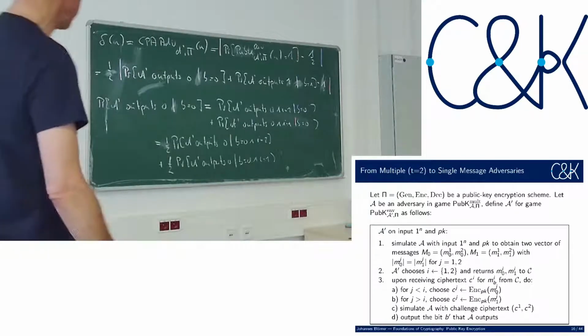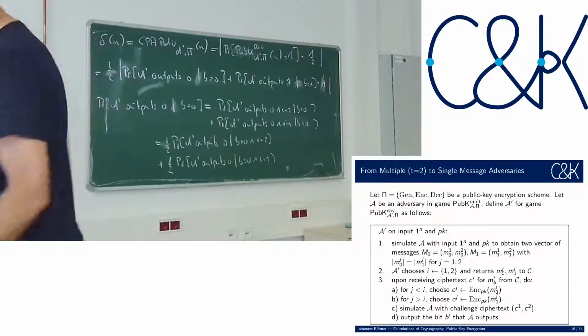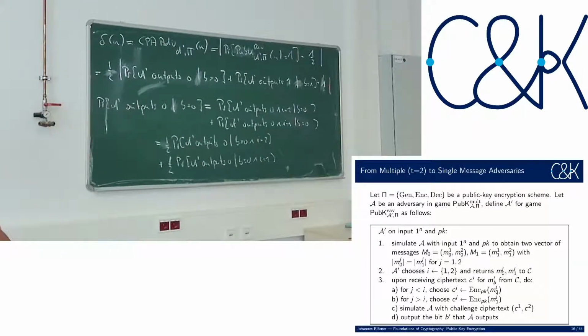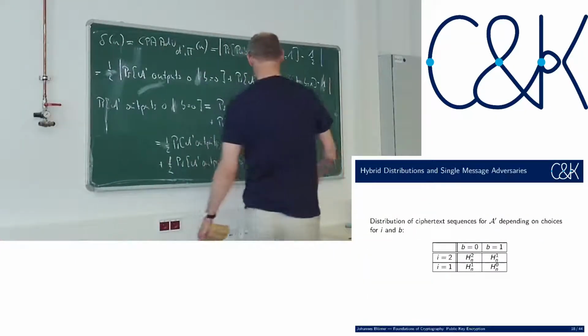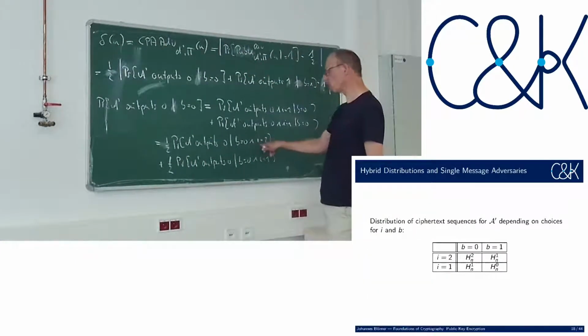Now let's rewrite this in terms of our distributions. Now I condition on B being 0, I being 2.